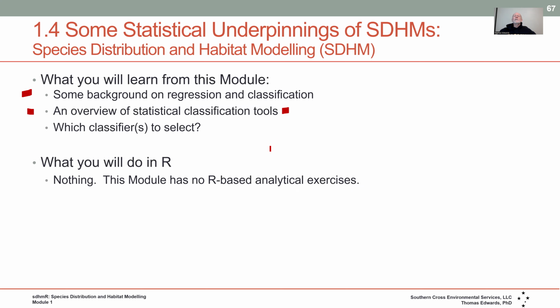But if you can figure out the five we work with in this course, you should be able to figure out the others as well. We'll also talk a little bit about how one goes about selecting a particular classifier to use. And of course, as before, there's nothing associated with R in these introductory overviews and videos.